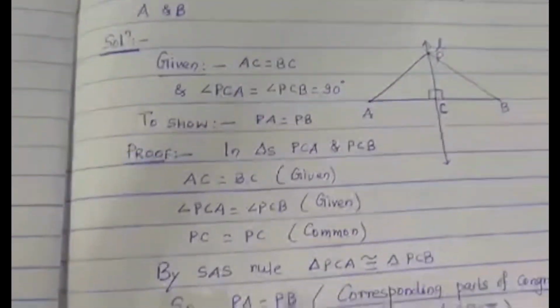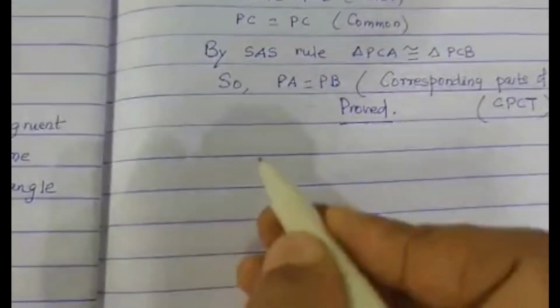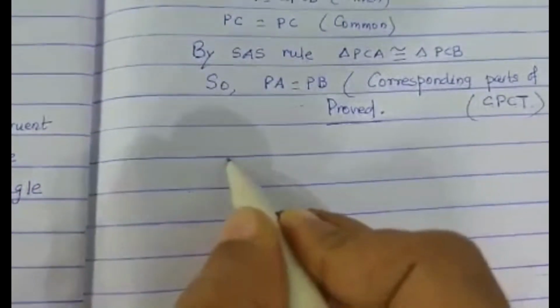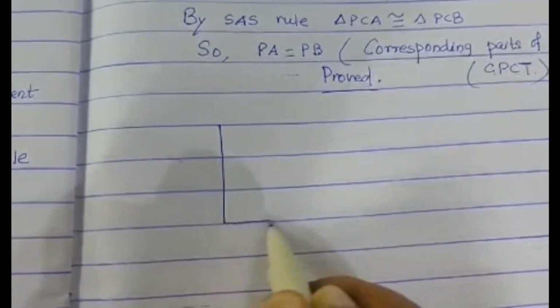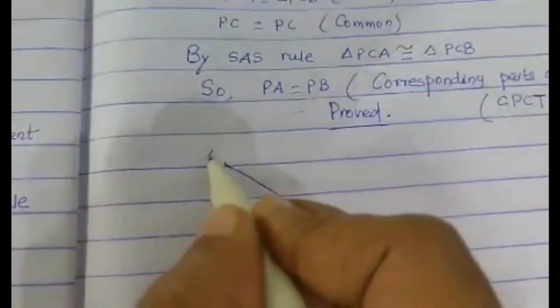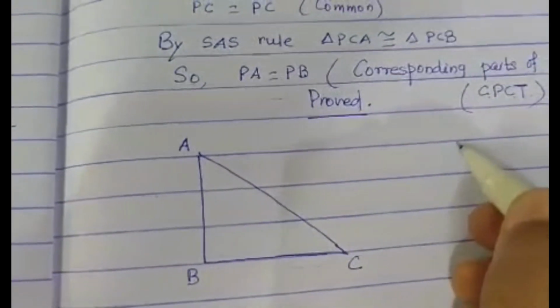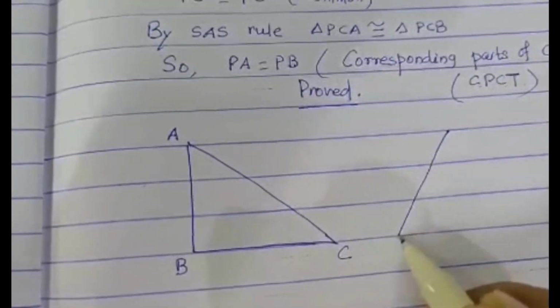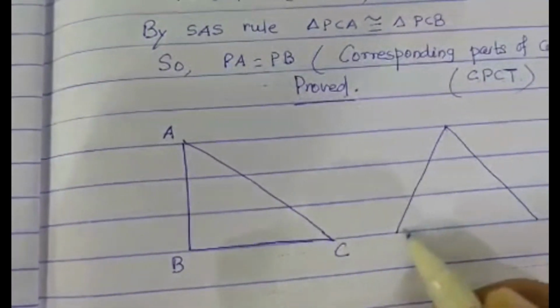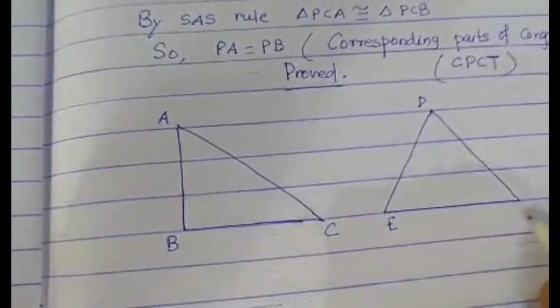Okay, now let's understand one more thing. Suppose you have been given two triangles like this, ABC and DEF.